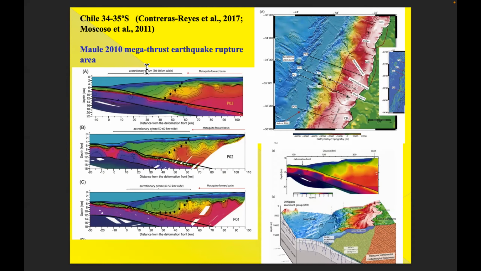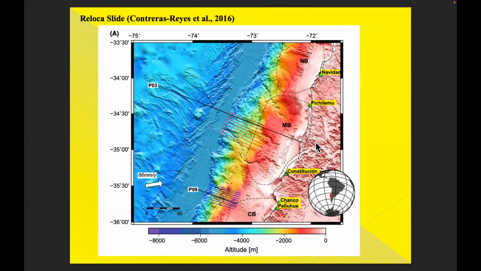These are the models for Maule, which show a very large accretionary prism, about 40 to 50 kilometers wide. Also, that will be very interesting for the landscapes group.